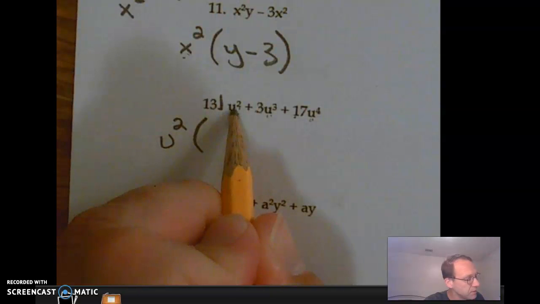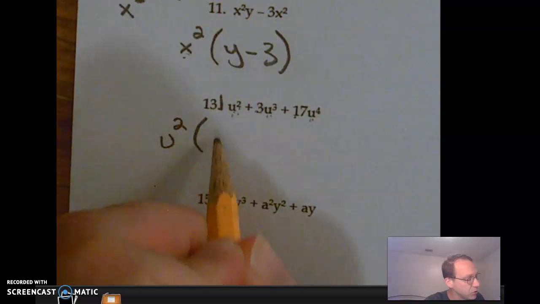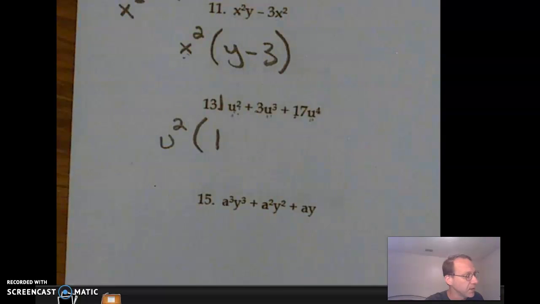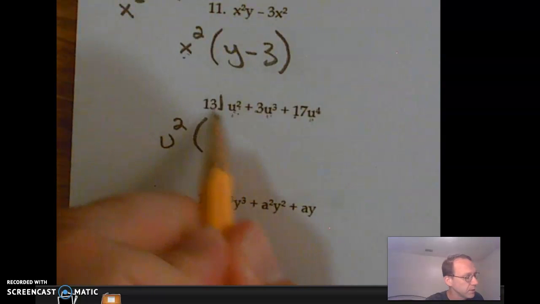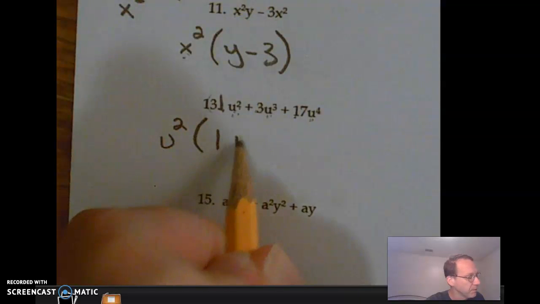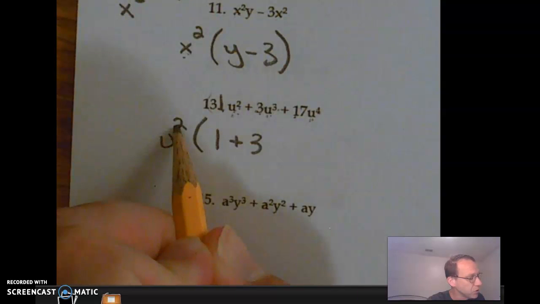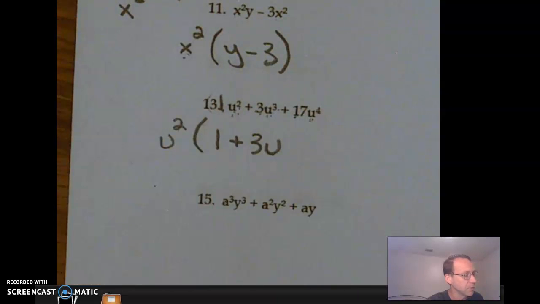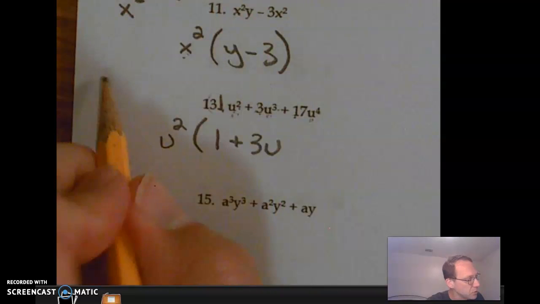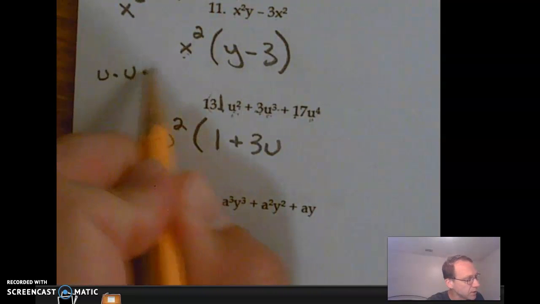So this divided by this time you do have to write the 1, because that's the only thing there. 1 times 1 is 1. Okay, bring down the 3. 3 minus 2 is 1. This is u times u times u.